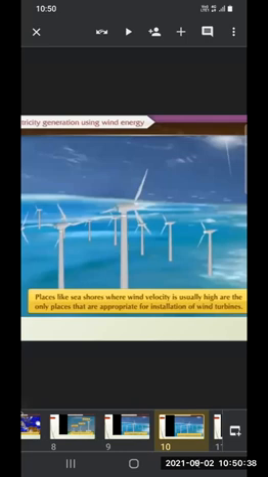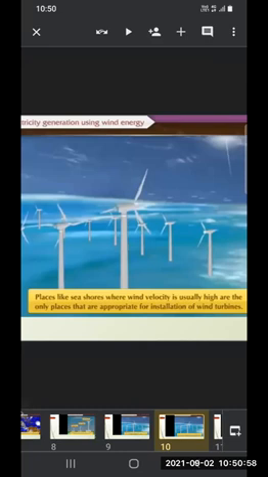The kinetic energy of wind can be converted to electrical energy with the help of a wind turbine. Such kinetic energy of wind was used for lifting water and driving flour mills in olden times.